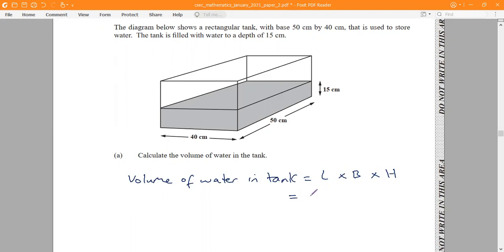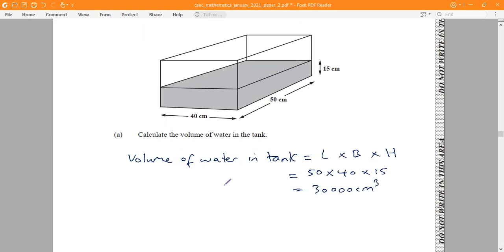We can say 50 by 40 by 15. 50 times 40 times 15. We could use our calculators. We get 30,000 cm cubed. That's the volume of water in the tank, length by breadth by height.